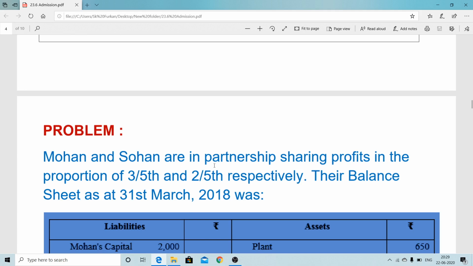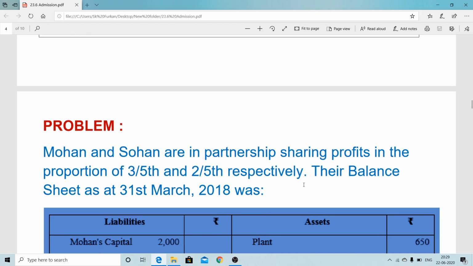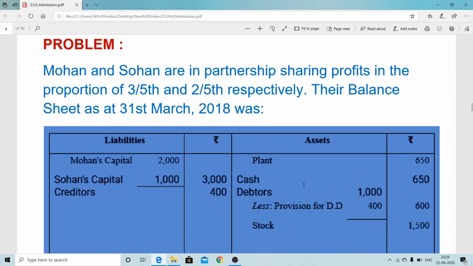Mohan and Sohan are partners sharing profit in the ratio 3:2, that is 3/5 and 2/5. Their balance sheet is provided, a short balance sheet. Asset side: plant, cash, debtors, stock. Liability side: two partners' capital and creditors.